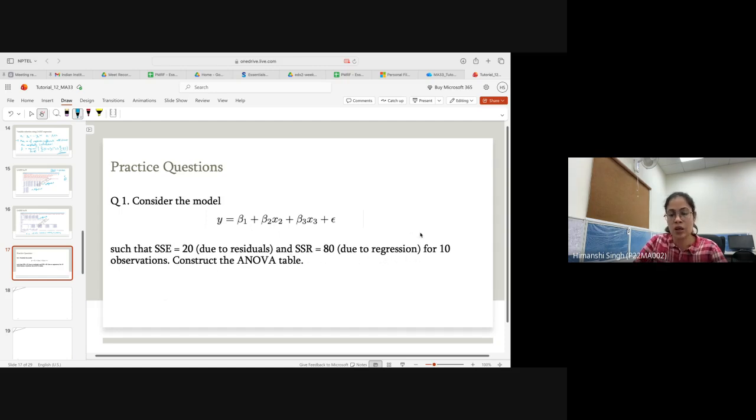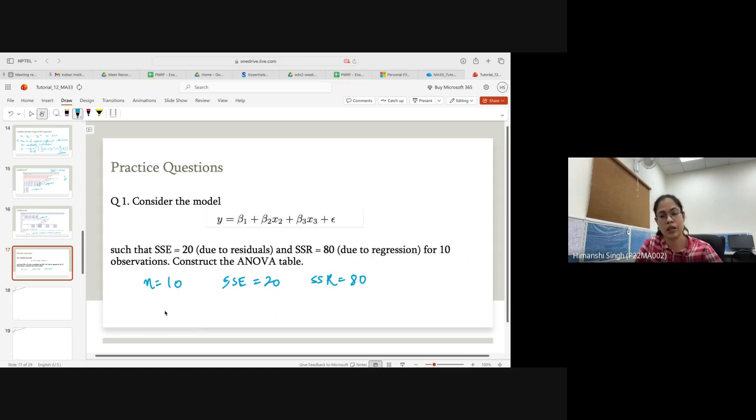The sum of squares is for 10 observations, so n is 10. Here I want to construct the ANOVA table. So n is 10, SSE is 20, SSR is 80. Now I want to find the values in the ANOVA table.